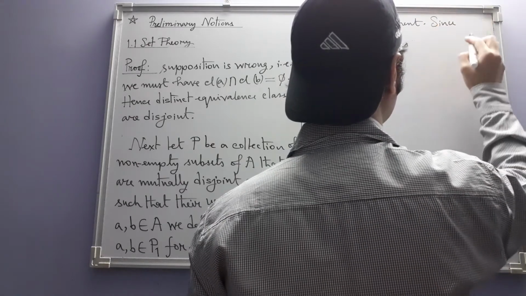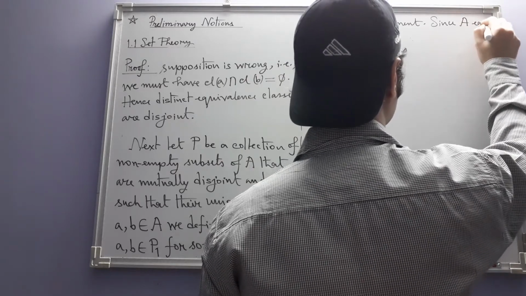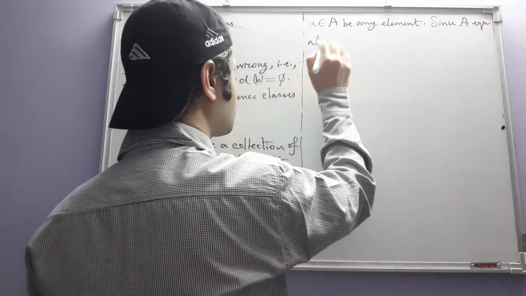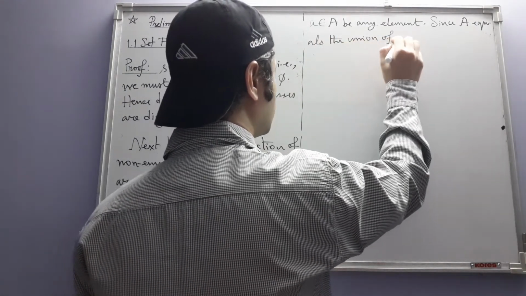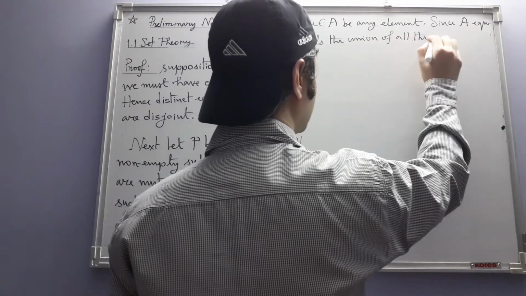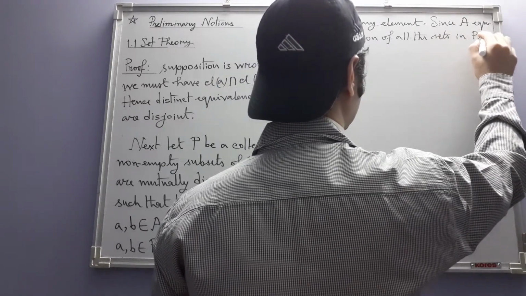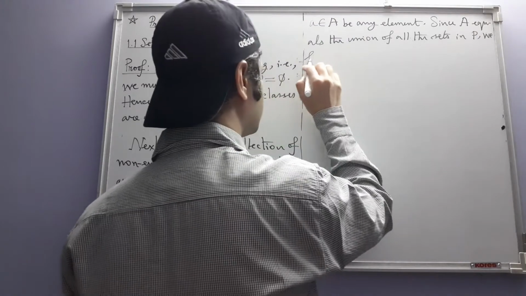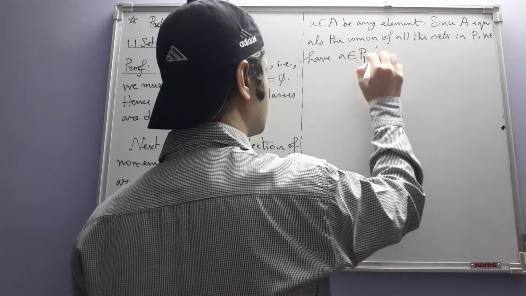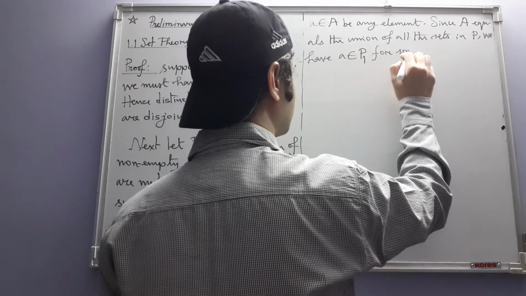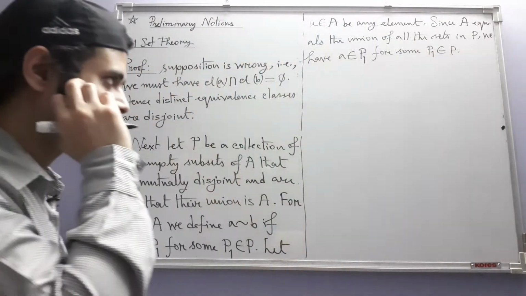Since A equals the union of all the sets in P, we have a belongs to P1 for some P1 belonging to P. So do you understand the thing here?